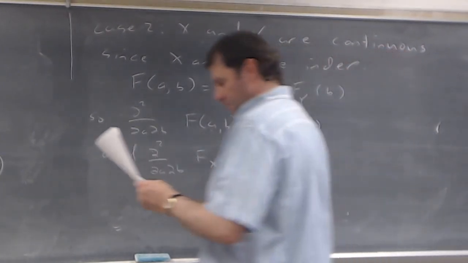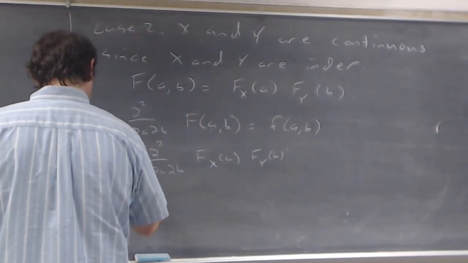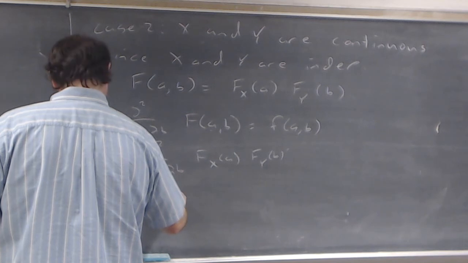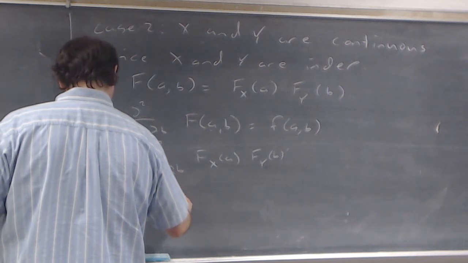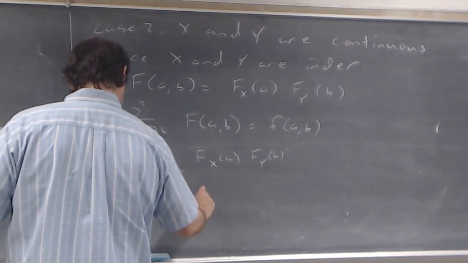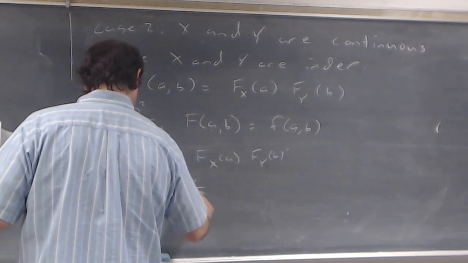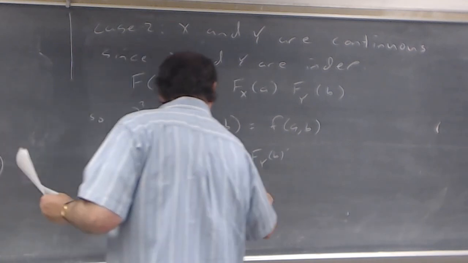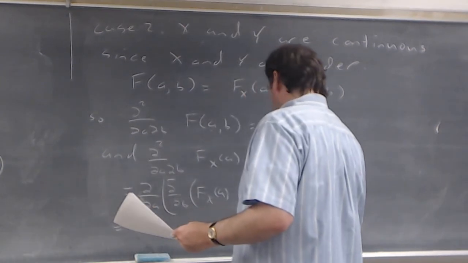Okay. So if you look at this, that's going to be equal to the partial with respect to a, and then acting on the partial with respect to b of F_X(a) times F_Y(b).